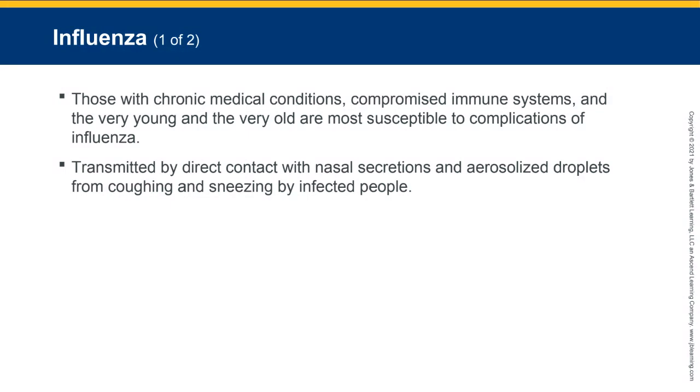And we all know that influenza affects the respiratory tract. Transmitted by direct contact with nasal secretions and aerosolized droplets from coughing and sneezing by an infected person or people.